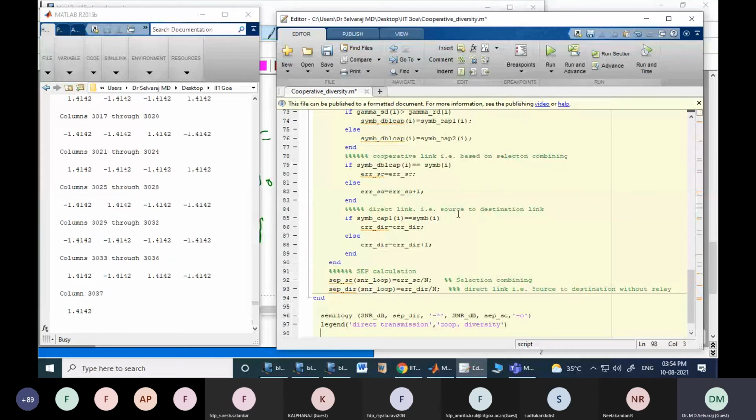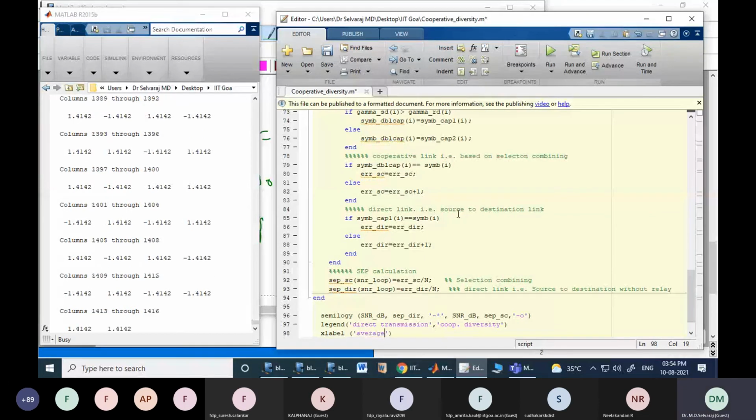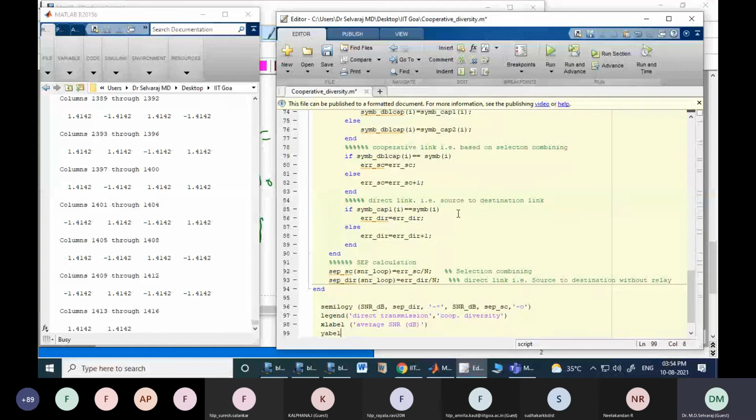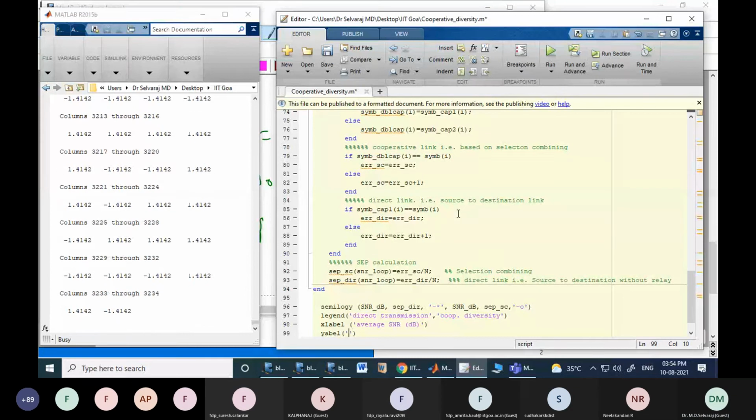The x label is the average SNR measured in dB, and the y label is the symbol error probability.